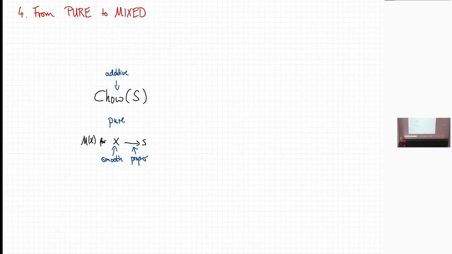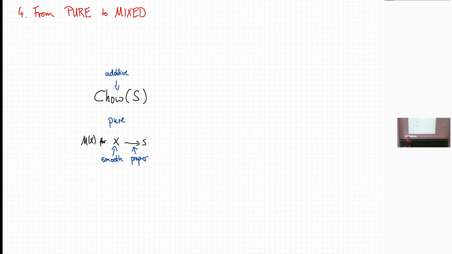So now Chow motifs have one problem, I would say, which is that they only work for smooth varieties that sit properly over this S, yeah? So as soon as you don't have something like this, there's no Chow motif associated to it, okay? And this problem is also reflected in the fact that the category of Chow motifs is just an additive category, okay? And so the Chow motifs, I want to call them the pure motifs.